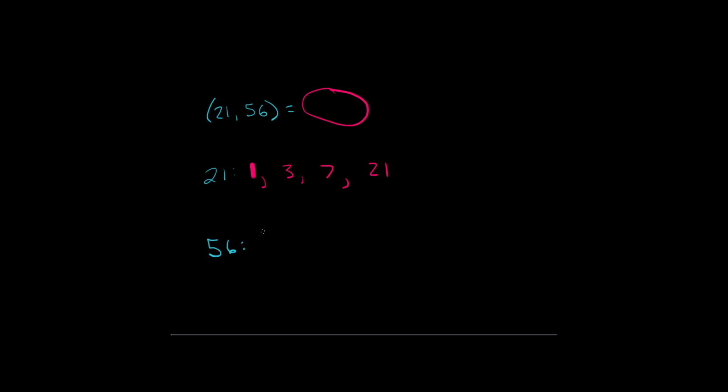All right, so now we're going to go with our 56, a lot bigger number. So 1 and 56. 2, I know it's 2 because we have an even number. If it's an even number, I know that it can be divided by 2. So we're going to say 28 for that one. All right, 3, no. What about a 4?